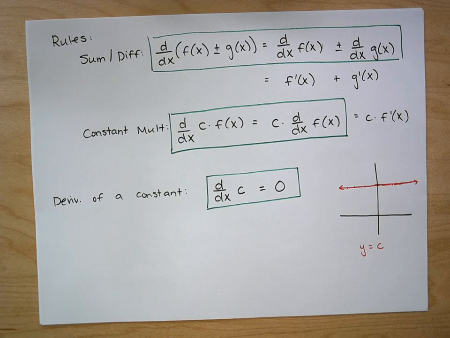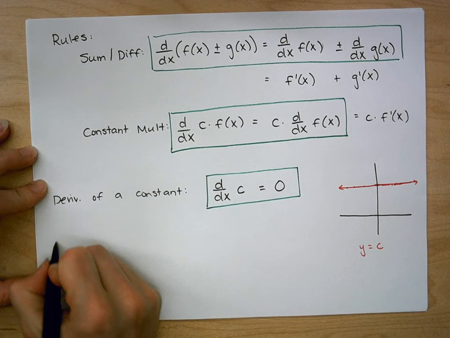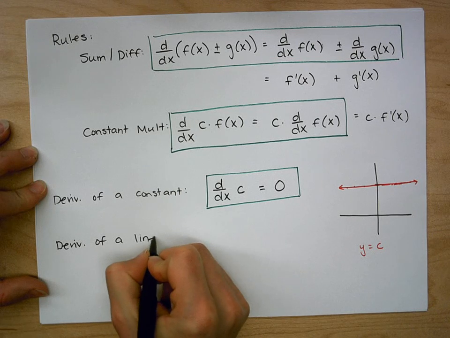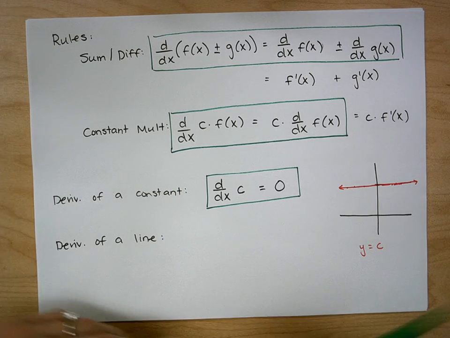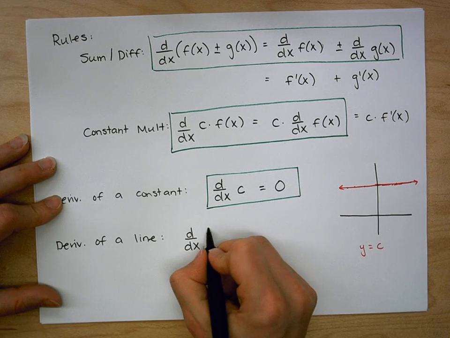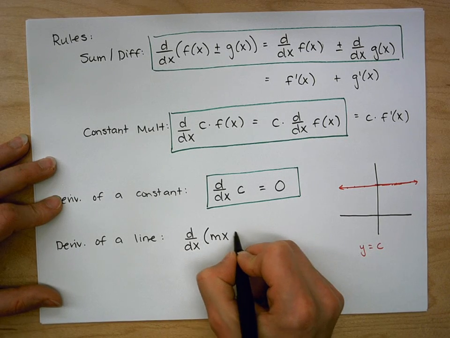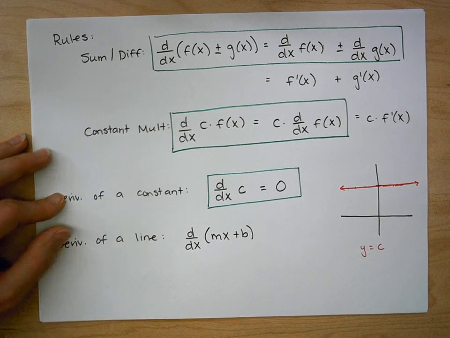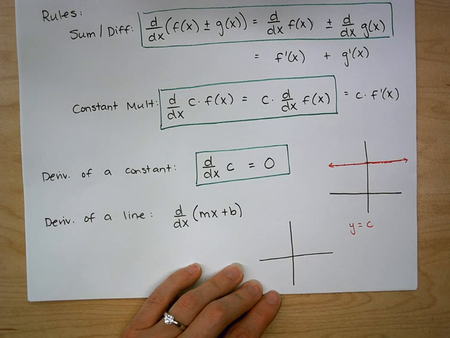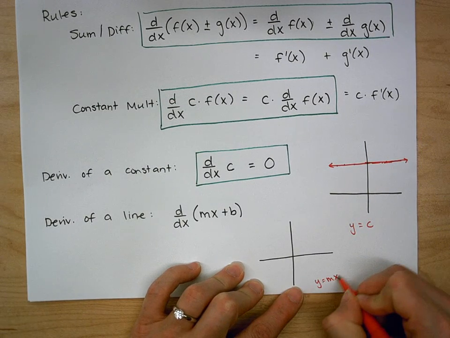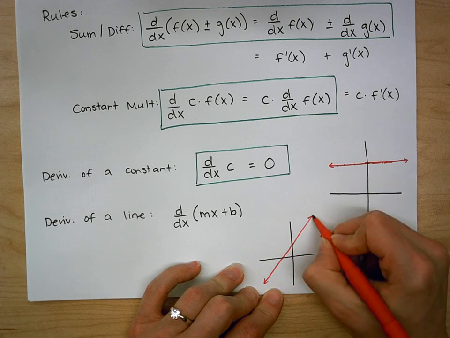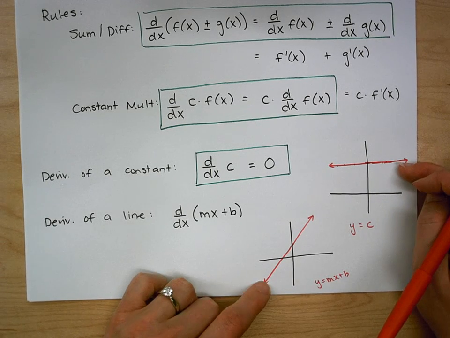And last but not least, if I look at the derivative of a line, okay, one way we could write that is the derivative of, and I'd like to be as general as possible here, so general equation of a line mx plus b. And if I think about graphing a line, of course it's linear. Of course these are both lines, but the difference is this one actually has some sort of slope to it.